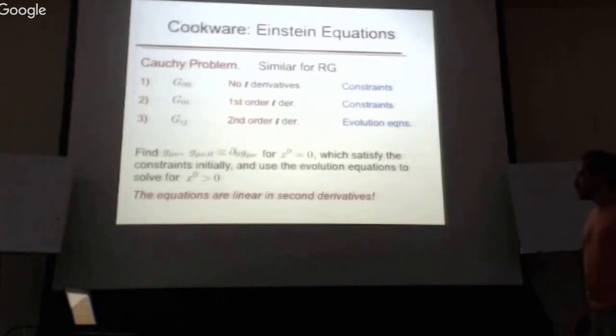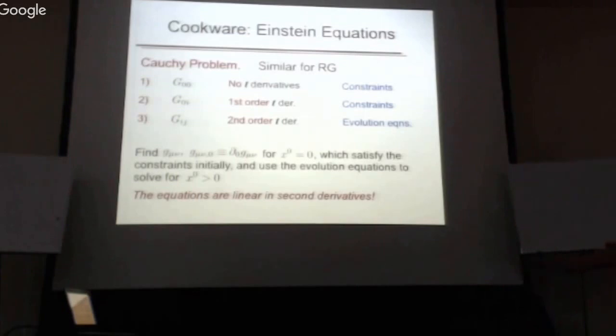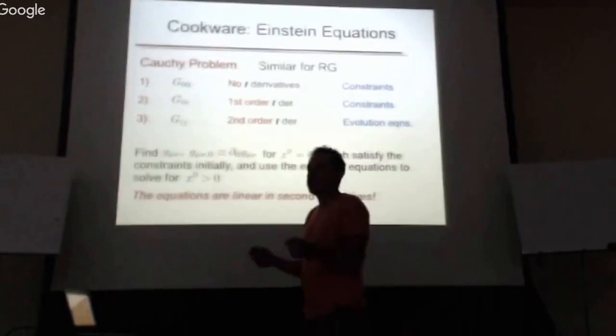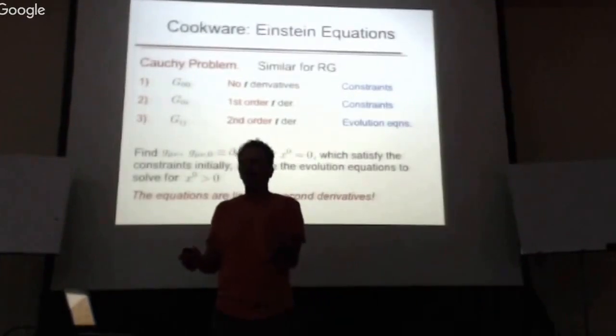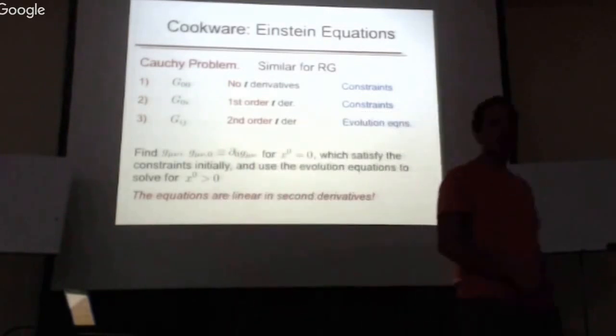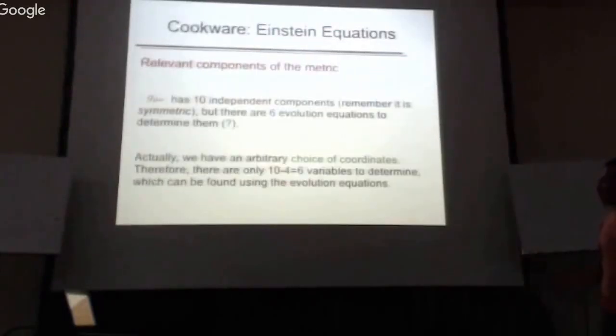And the answer is yes, but it's not obvious why. So the first thing is that these equations are linear in second order derivatives. That means even though these equations are non-linear, at least for the evolution part, the time dependence, the second order derivatives, the equations are linear.